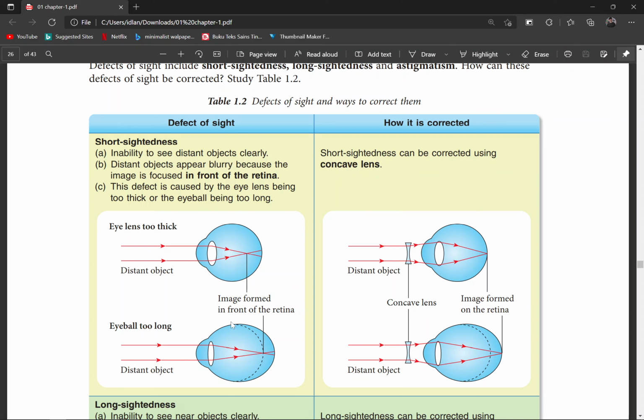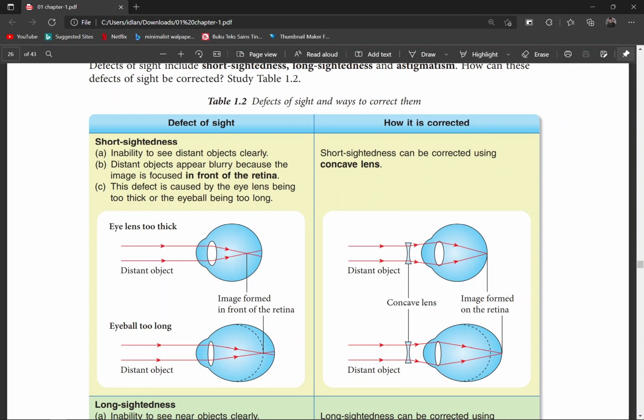But dia punya eyeball is too long, causing the point of intersection to be further in front of the retina. Dia punya actual retina dia dekat sini lah, untuk orang yang eyeball too long ni. Can you see my mouse? When this happens, image should form in front of the retina. Image akan form if there is an intersection point between light rays. Sebab tu lah object dia flipped. Okay, faham?